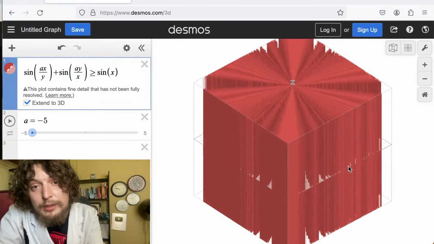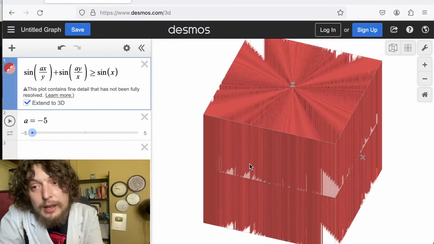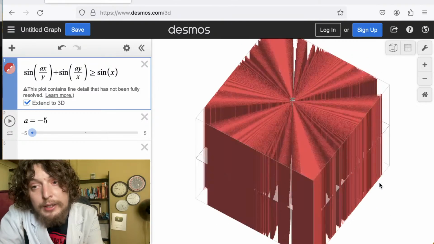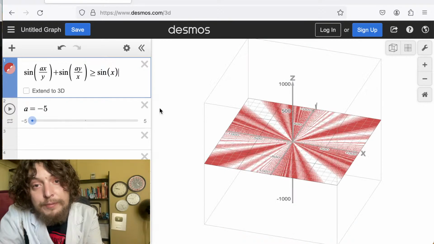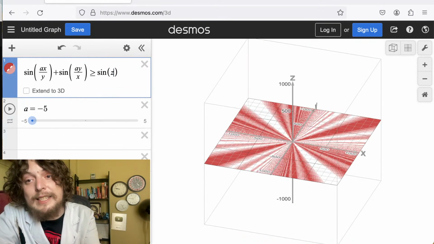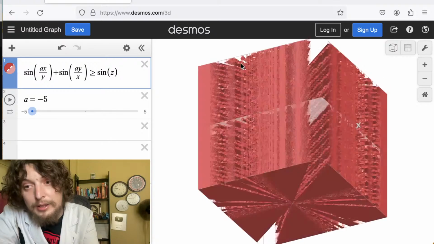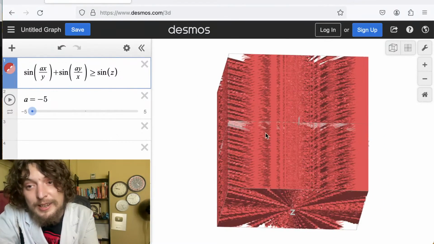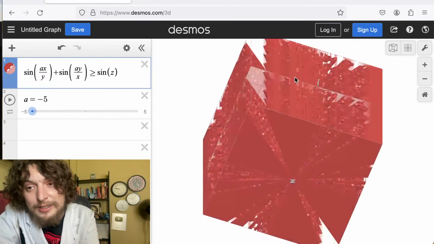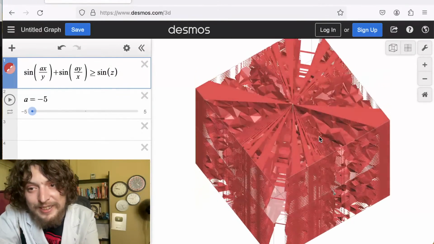So now it looks like a crazy block like that. That's because I have not incorporated z. We got to do sine of z or something because we need that third variable. And this is what they're calculating in that cube, and it looks different whenever we zoom into it.